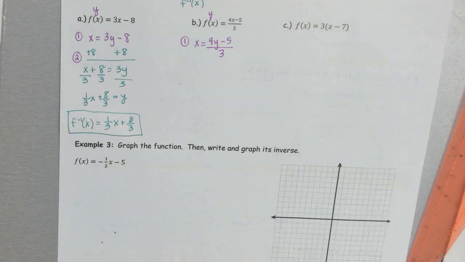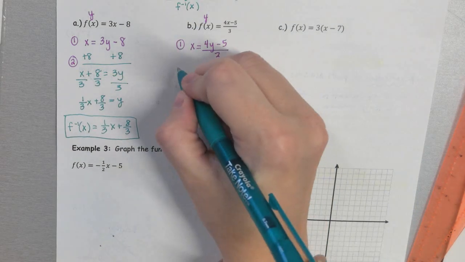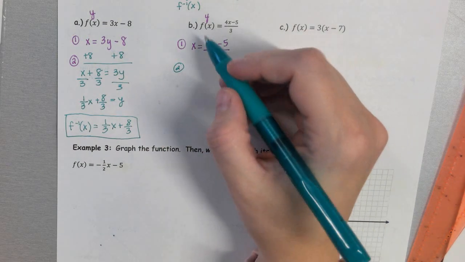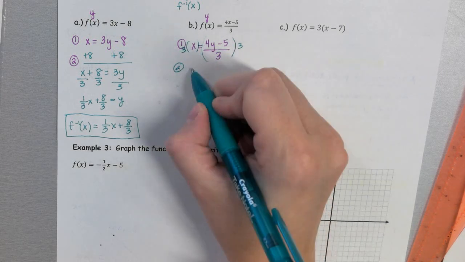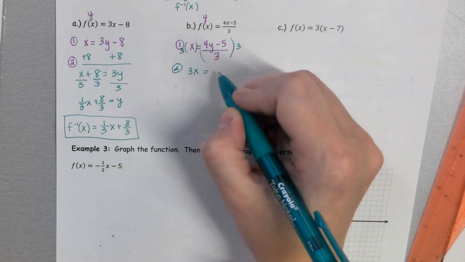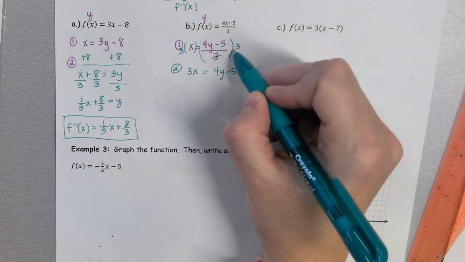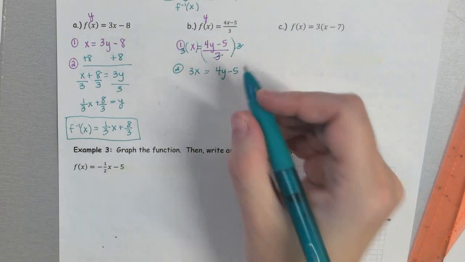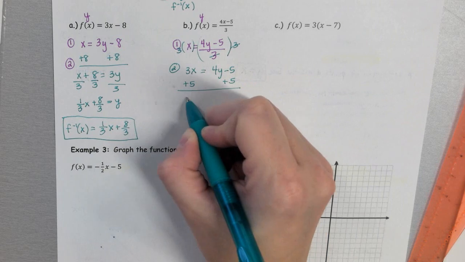Yeah, how do you move over the 3? You have to multiply both sides by 3. So if you multiply both sides by 3, you'll have 3x equals 4y minus 5, because the 3's will cancel. And then to get y by itself, we're going to add 5 to both sides.